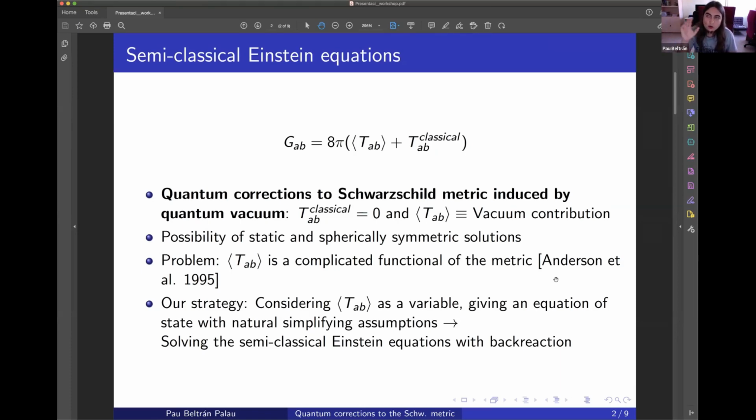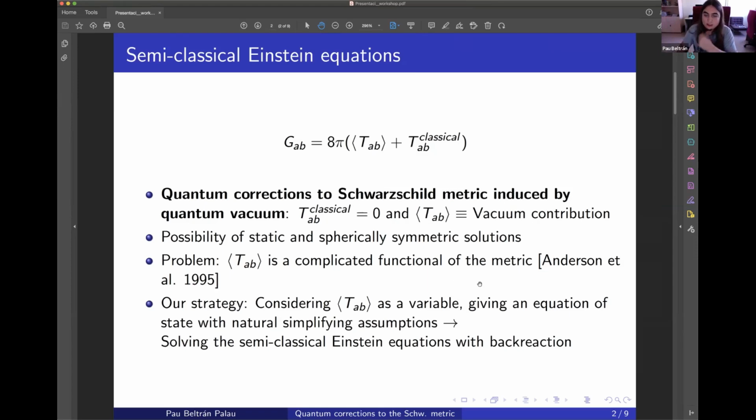Okay? So our strategy to avoid this complicated problem is to consider the stress energy tensor as a variable of the equations instead of considering it for a particular background or a concrete expression.